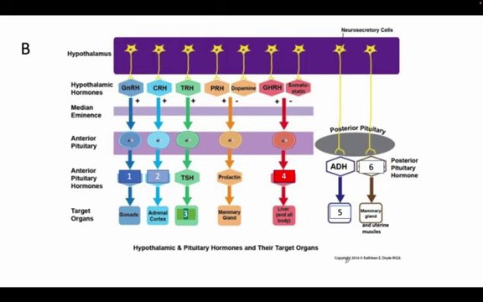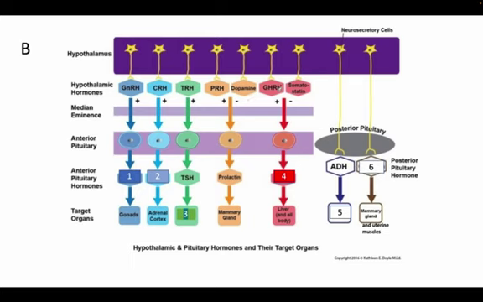The next one is a figure you can use to practice later on also. It shows you all the hypothalamic hormones, then all the anterior pituitary hormones, and then the target organs, not the hormones. So for example, PRH stimulates the anterior pituitary to create prolactin that affects the mammary gland to produce milk.